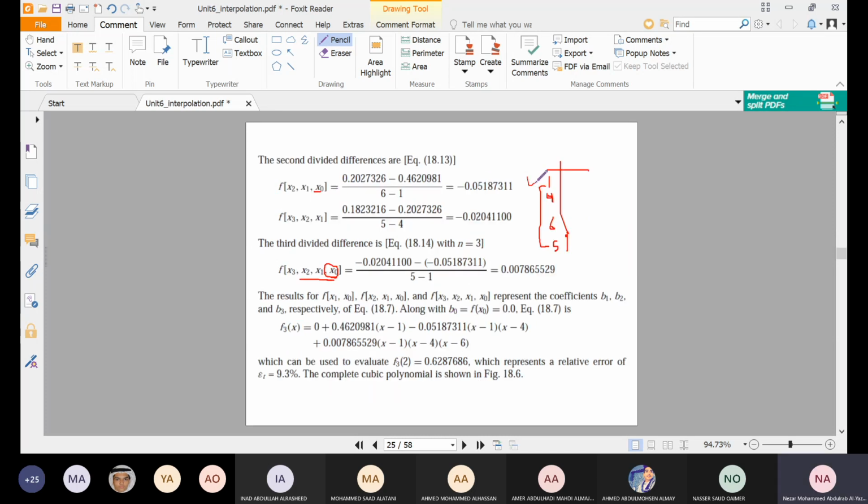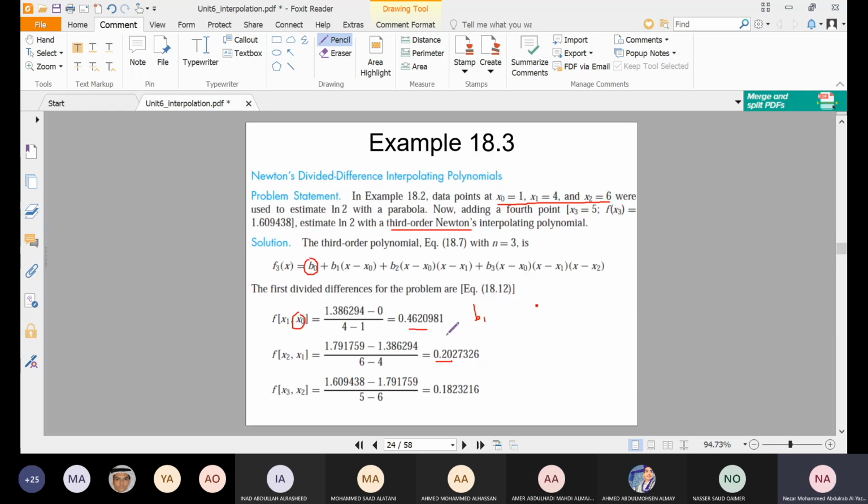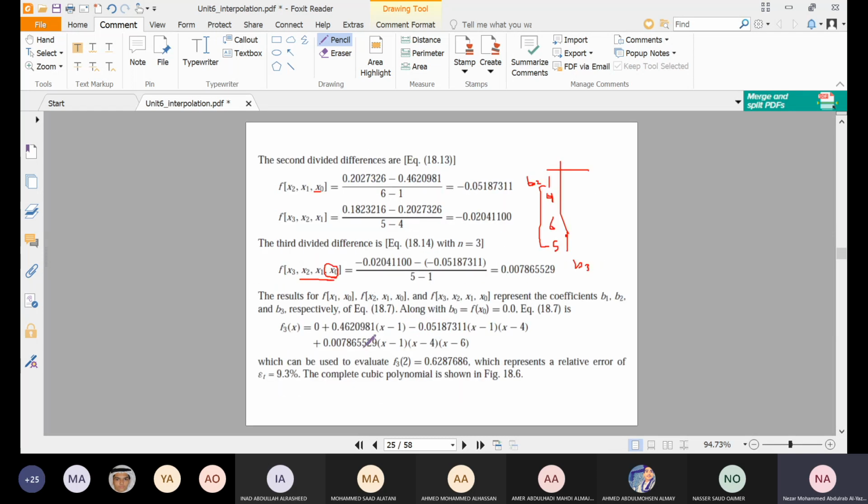And this will be b2. And this will be b3. Okay, so here we just substitute. I have b1, this coefficient, I will substitute it here. b2 is this value, and b3 is this value. I substitute, and after that we can estimate.